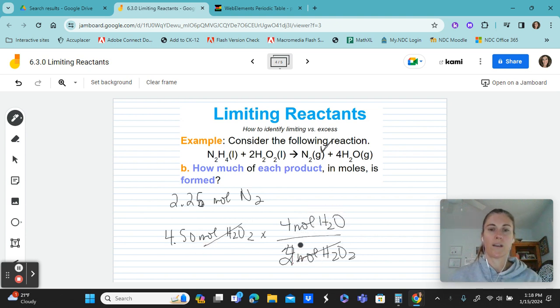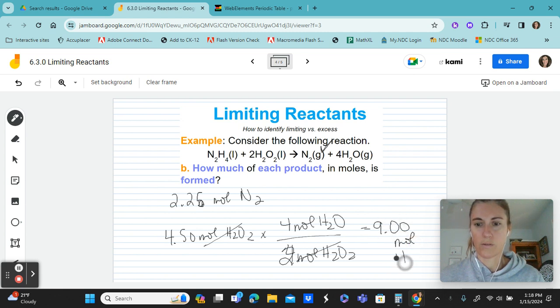So 4.5 divided by 2 really, right? Or I'm sorry, times 2. 4.5 times 2 would give me 9 moles of H2O. Again, I'm writing my stuff out because it's easily confusing.